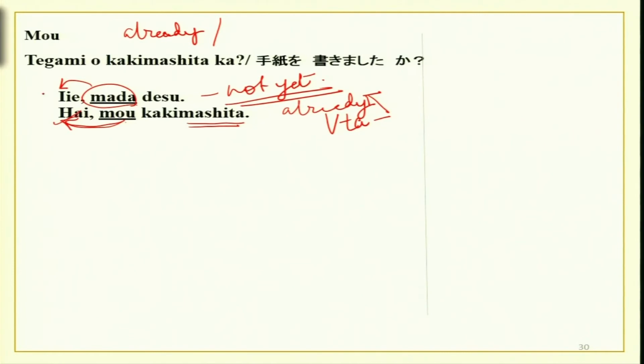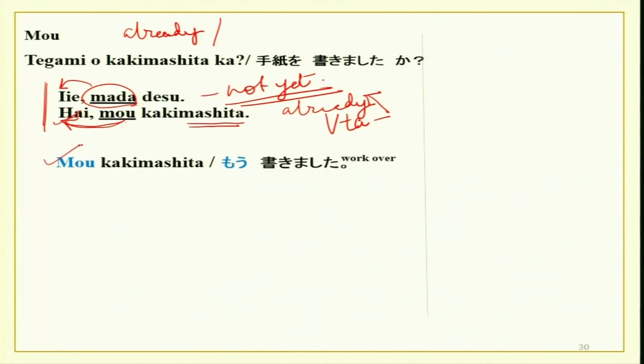Please remember, this is a pattern. If you are asked a question and you have completed the work, well, "hai, mo kakimashita," and if you have not completed it, not done the work, then "iie, mada desu." So, mo kakimashita, and this is mo and not mo. This mo is also and this is already.